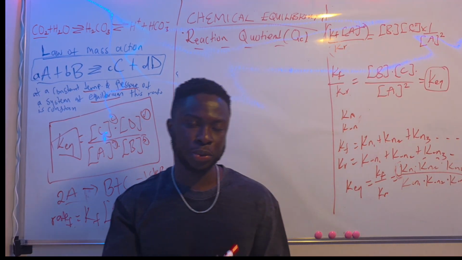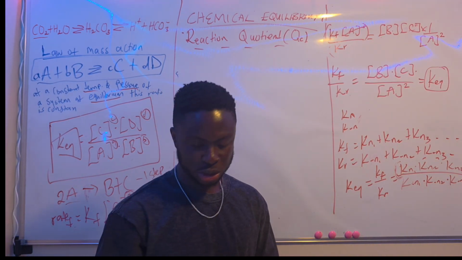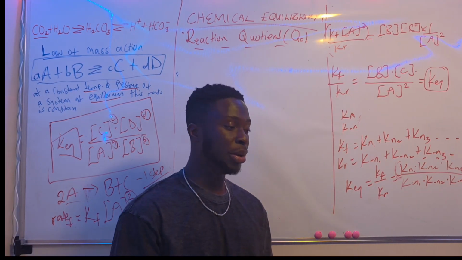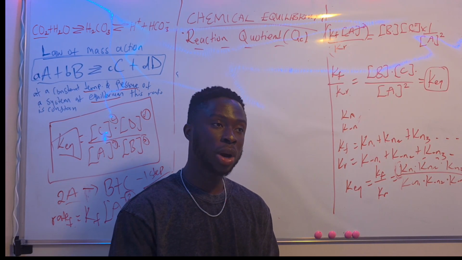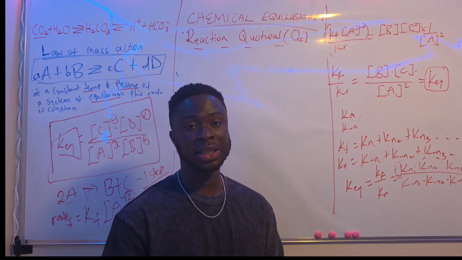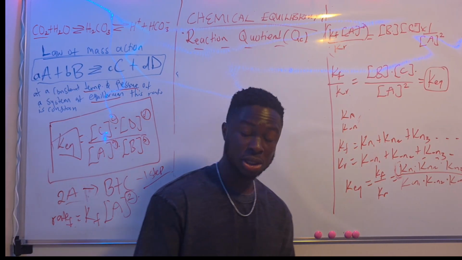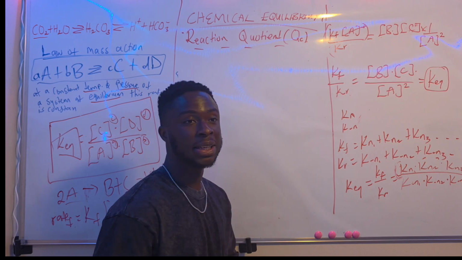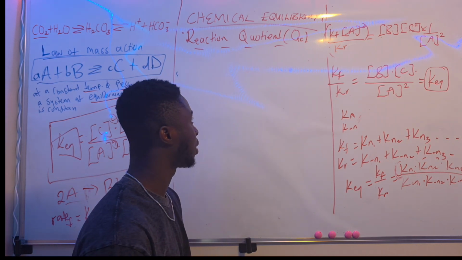Let's talk about reaction quotient. Before we can talk about reaction quotient, we have to refresh a little bit about the equilibrium. We said the equilibrium is the point in a chemical reaction where the rate of the forward reaction is equal to the rate of the reverse reaction, and the concentration of reactants is dynamically equivalent to the concentration of the products.